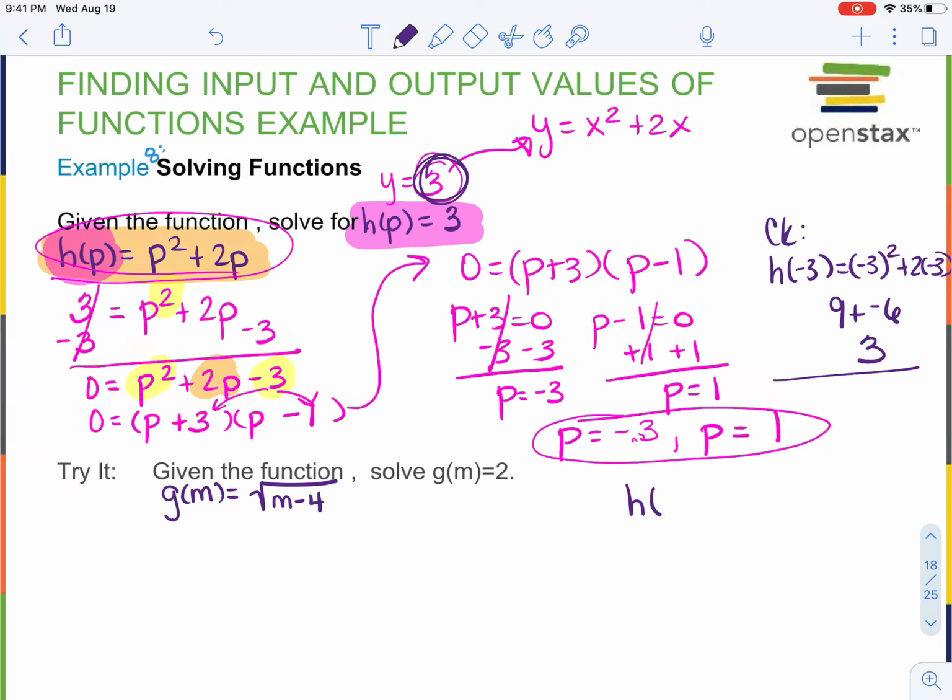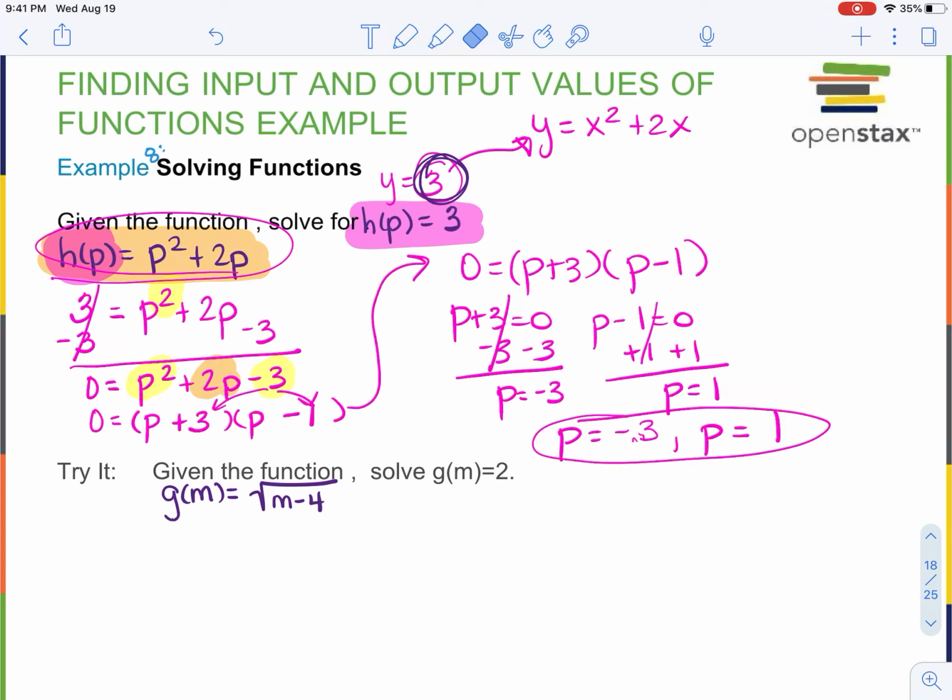If we substitute in the other number, we got 1. 1 squared plus 2 times 1 would be 1 plus 2, which is, again, 3. So it checks out. Two different answers, but we still get two answers. They are negative 3 and positive 1.